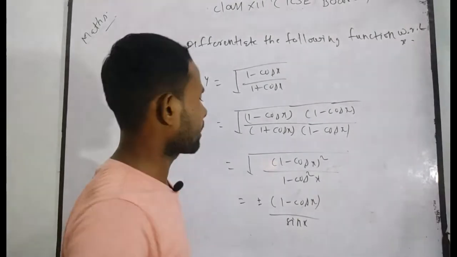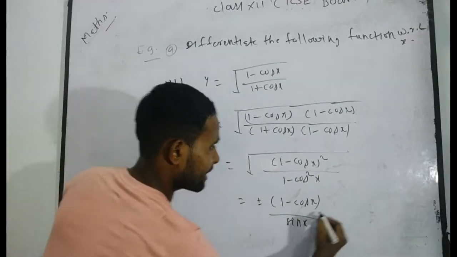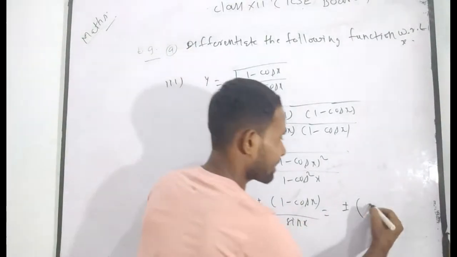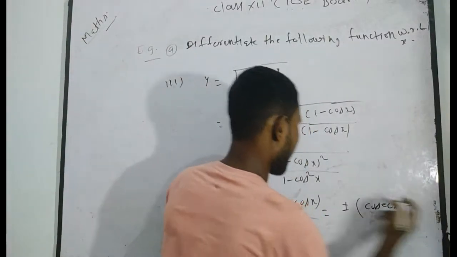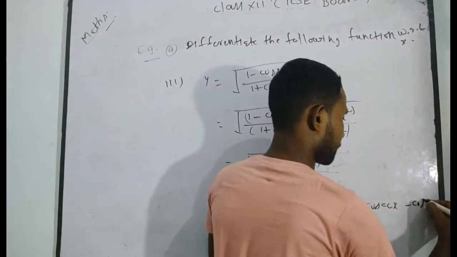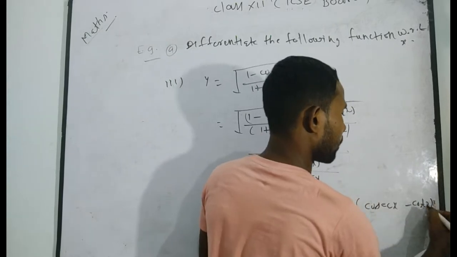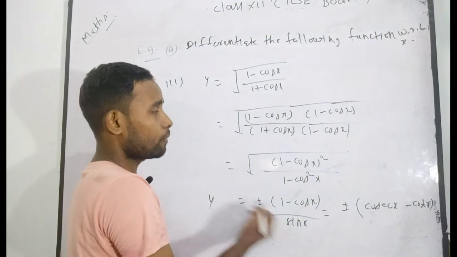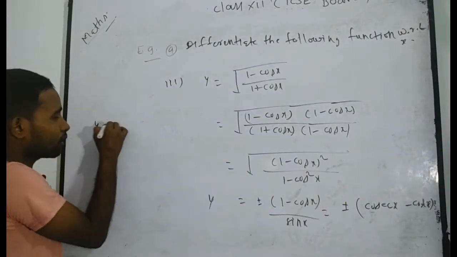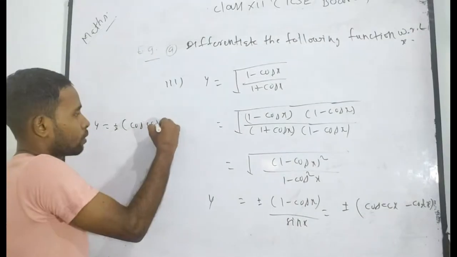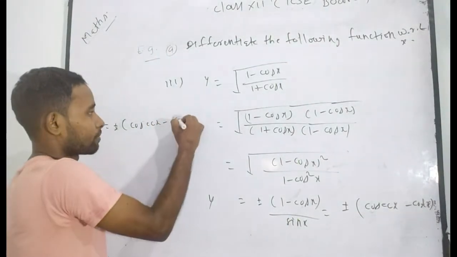Now I want to tell you, can you write here, it will be plus minus 1 upon sin x, which will be cosec x, minus cos x by sin x. What will be its value? Cot x. I think you understand. Now you will get finally y equal to plus minus (cosec x minus cot x).